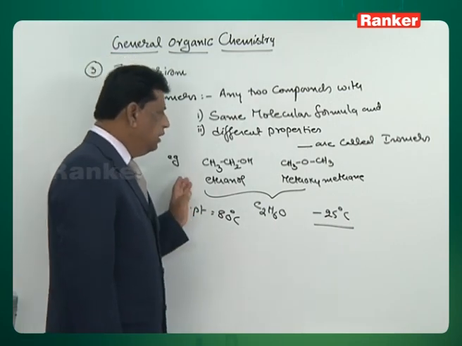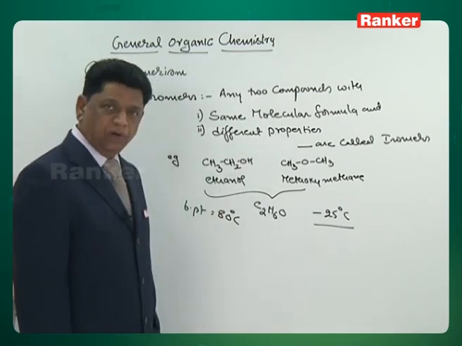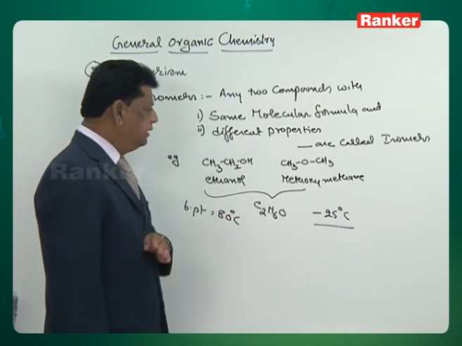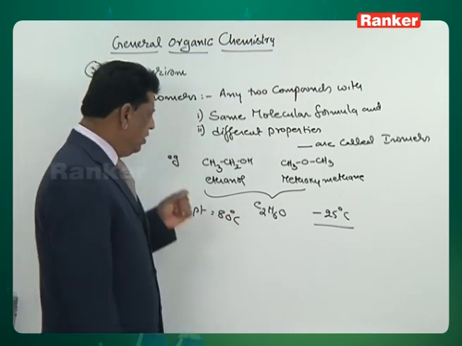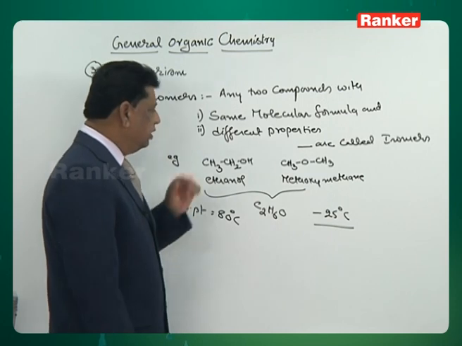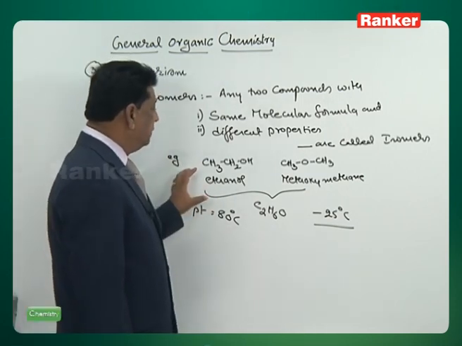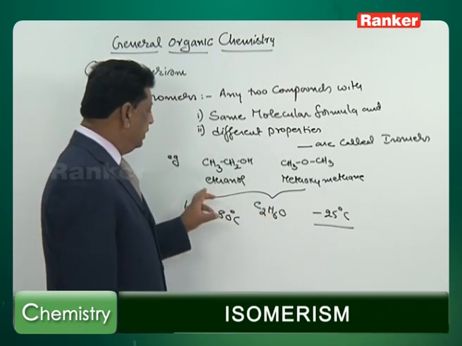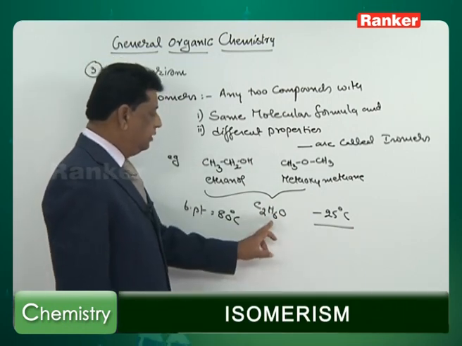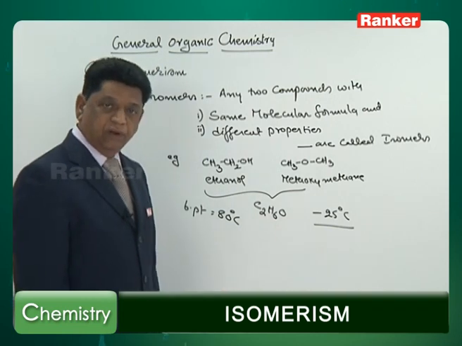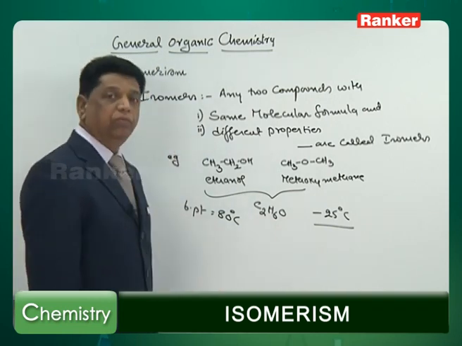Solubility also, this is highly soluble, whereas ethers are not soluble. So many properties, it is not the number of properties, but even one property difference also is giving the definition correctly, that they are having different properties, but they are bound by one particular aspect, that is the molecular formula. Such compounds are called isomers.